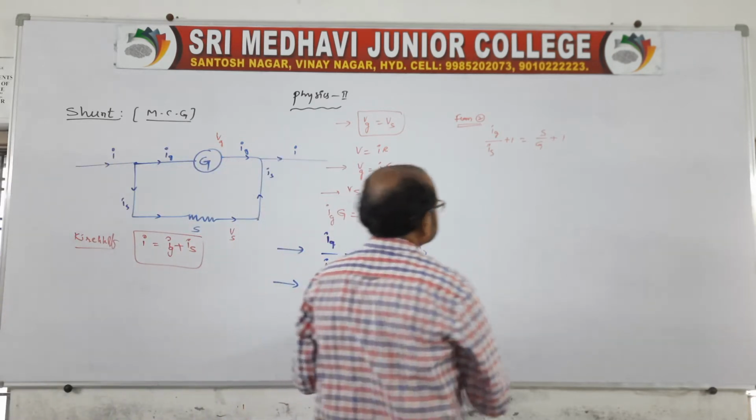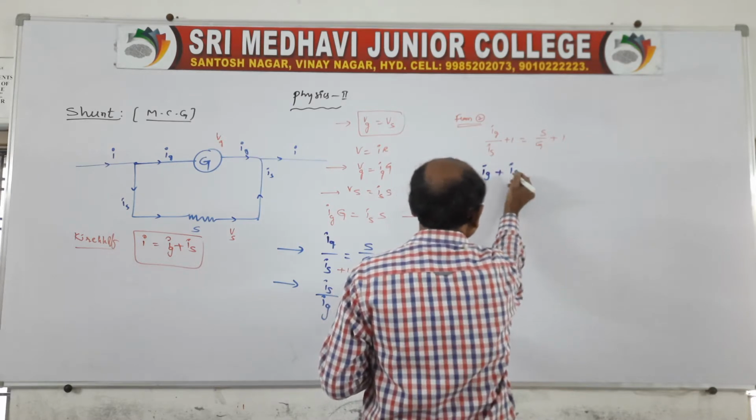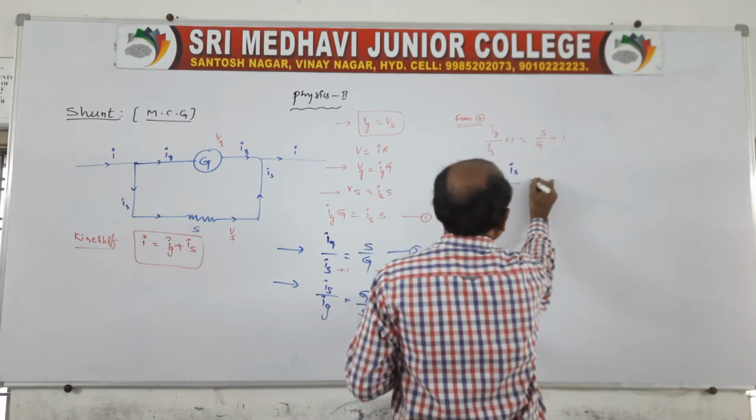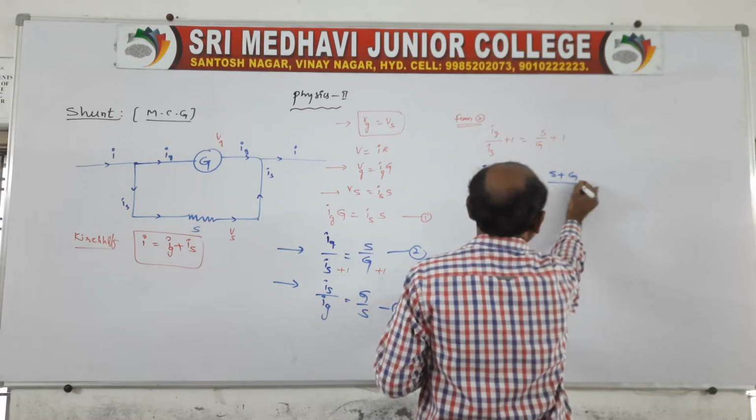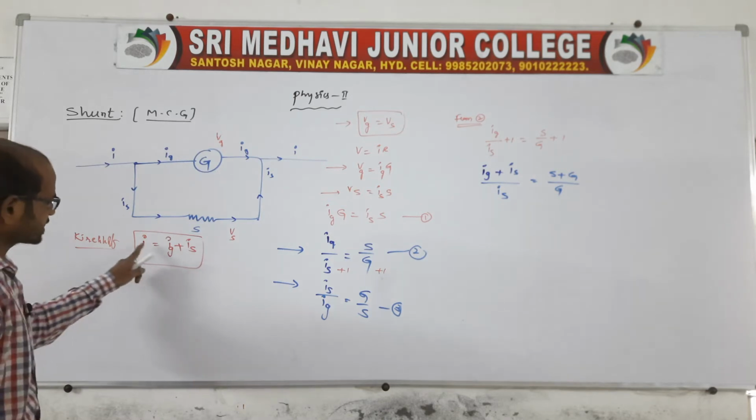Therefore, taking the LCM, Ig plus Is over Is is equal to S plus G by G. Ig plus Is is nothing but the total current.